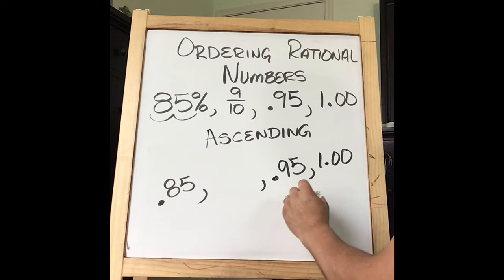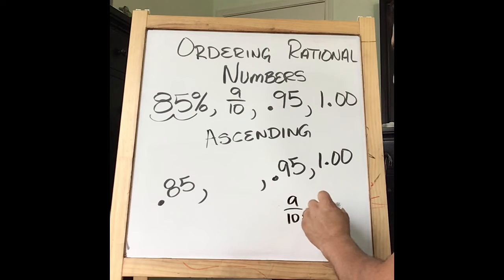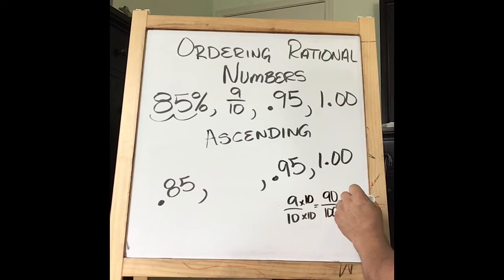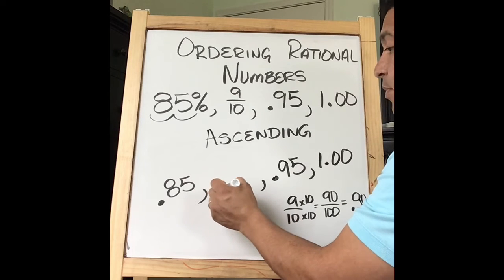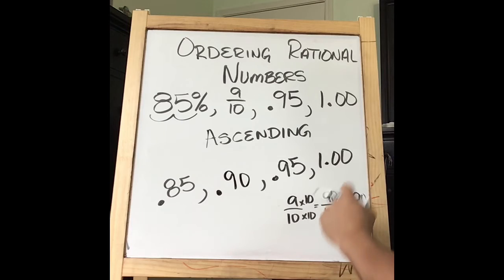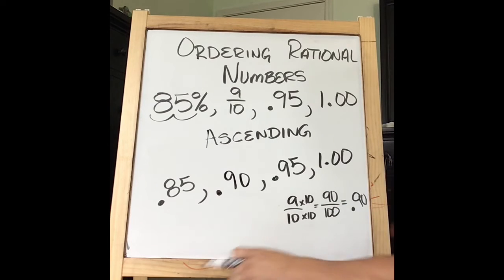So if 9/10, and I want to multiply this times 10 to make my denominator 100, I'm going to multiply the 9 times 10 to make it a 90, and anything over 100 will be my percent or my decimal. So in this case, we're going to grab 0.90 to be my decimal. Now I can go here and answer my question.